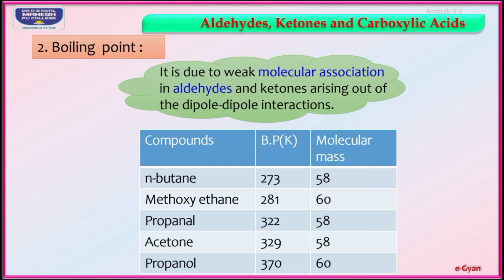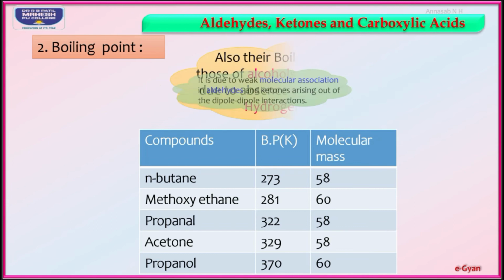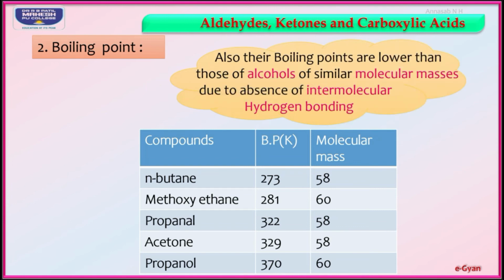And also the boiling points are lower than those of alcohols of similar molecular masses due to the absence of intermolecular hydrogen bonding. So in alcohols we can observe intermolecular hydrogen bonding, but in aldehydes it is less, and in ketones it is not observed. Hence boiling points of aldehydes and ketones are lower compared to alcohols.